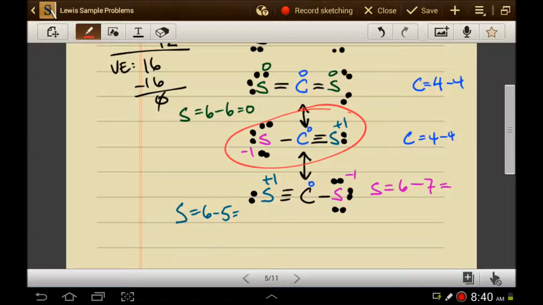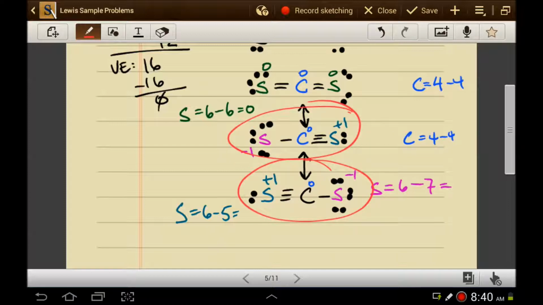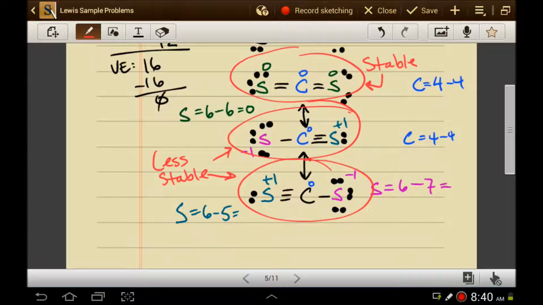This second one here has a plus 1 and a minus 1 that I guess you could say aren't really necessary. So I would expect that to be less stable than the top one. So this one and this one are less stable because they have fewer 0 formal charges. And this one is the stable resonance structure because it has more 0 formal charges.